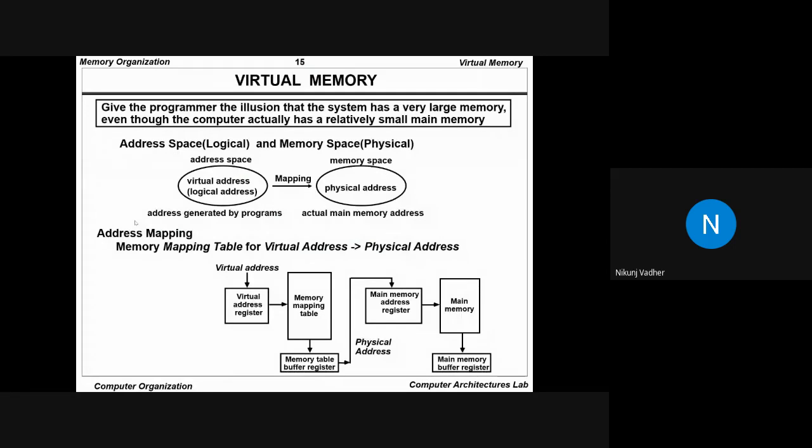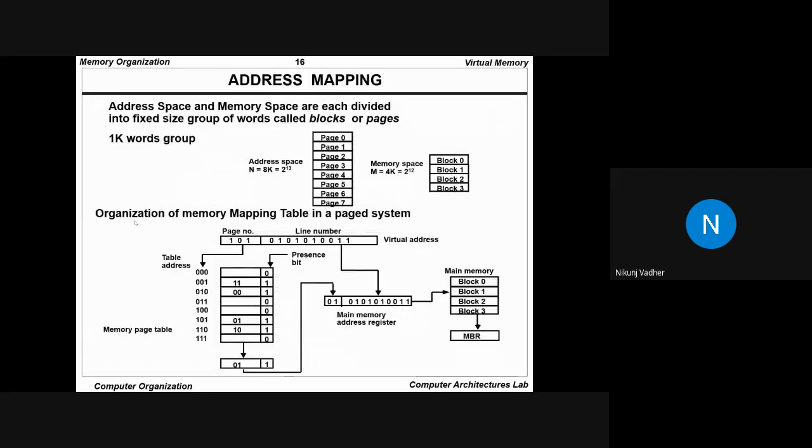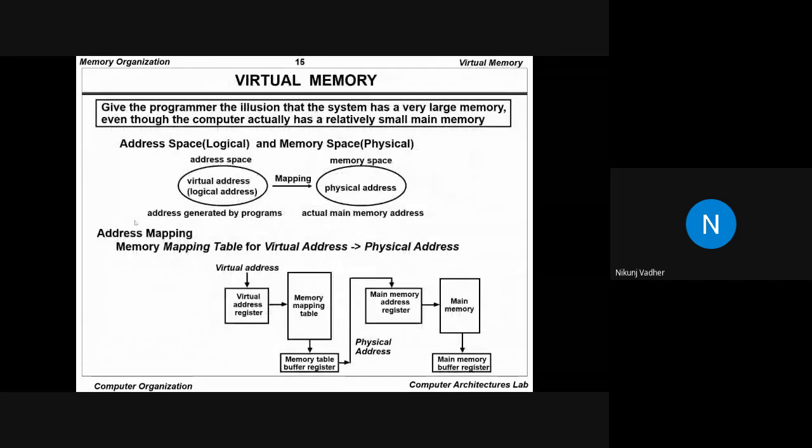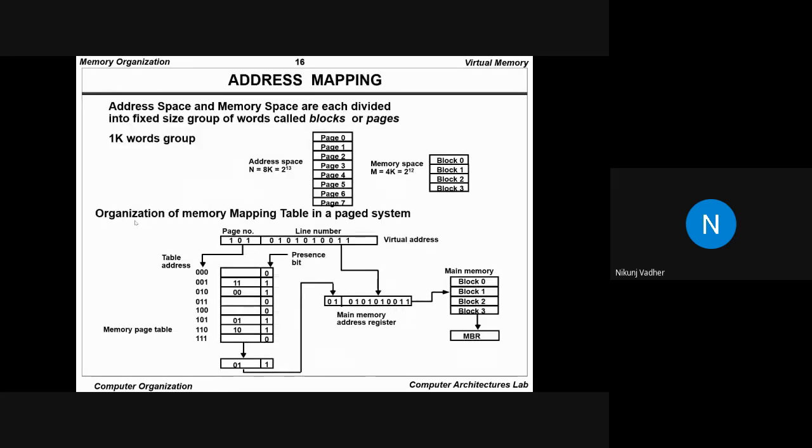Then comes the virtual memory. You have already studied this part in operating systems. You know what paging is, what multi-level paging is, what segmentation is, and what segmentation plus paging is.